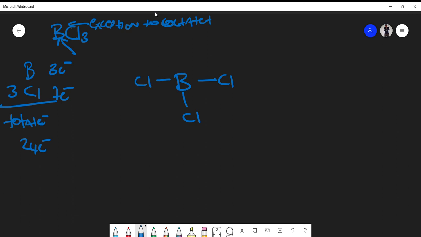If we're talking about ions, it differs, and we have to adjust. But for neutrally charged molecules, we should expect 3 bonds for boron, or a maximum of 6 electrons around boron. Now, at this point, our chlorines are not satisfied, but we could fill in the lone pairs and see where that takes us.